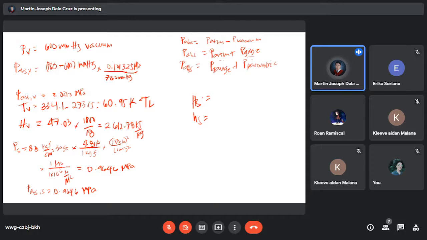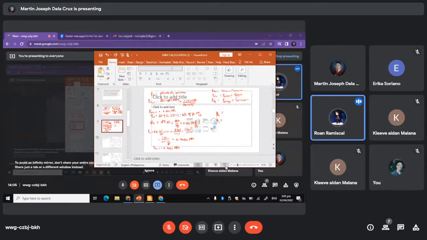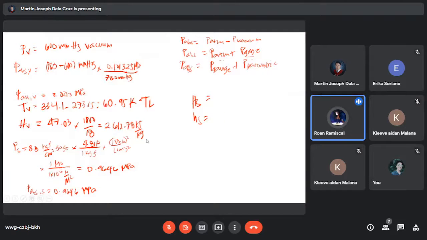What is our small h? It should be around 13 point something. For the smaller h, it is 13.6. Okay, 13.6, we'll have that.